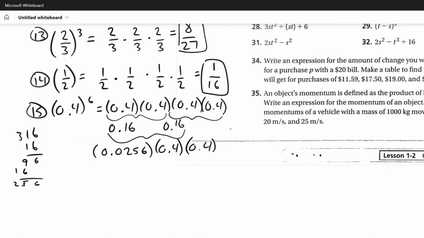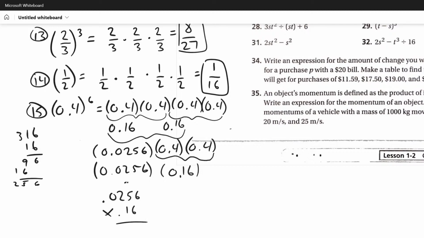So let's see. Maybe I'll just do this right here. This is 0.16, right? And then that's 0.0256. So I need to multiply these two numbers together. 0.0256 times 0.16.